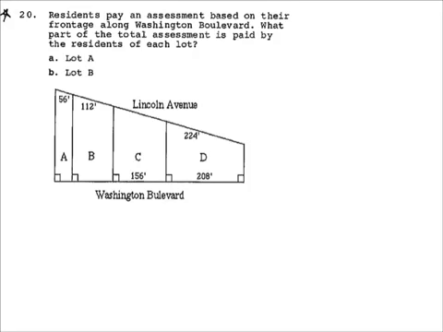C, I know this length, but I don't have a length up here, so I'm not able to set up a nice proportion. So I'm going to have to stick with these numbers to set up my proportion for these. First I'm going to find lot A, and I'll just use the variable A for that. So I would do 56 over A equals 224 over 208.